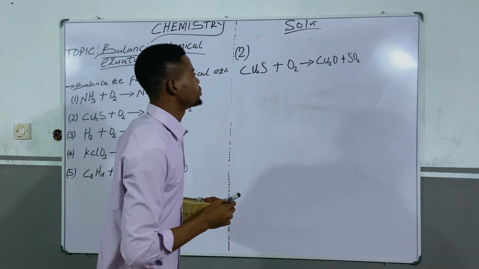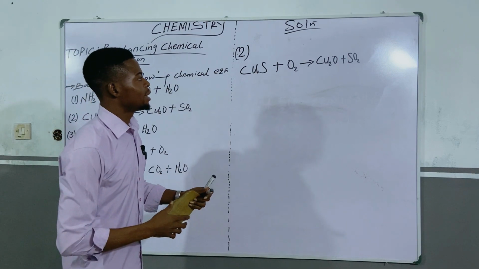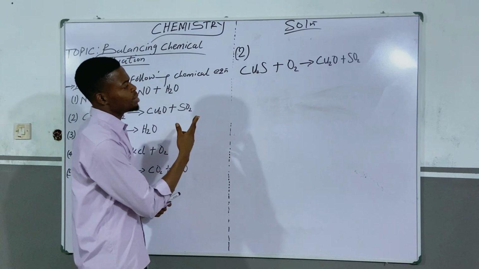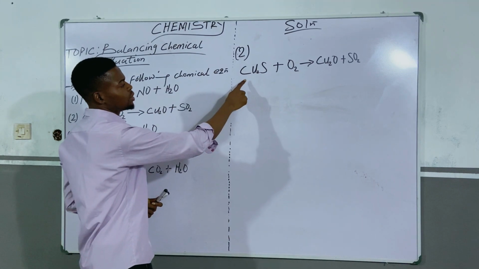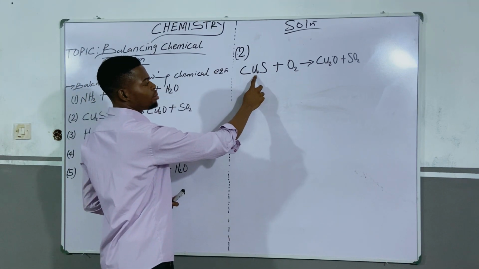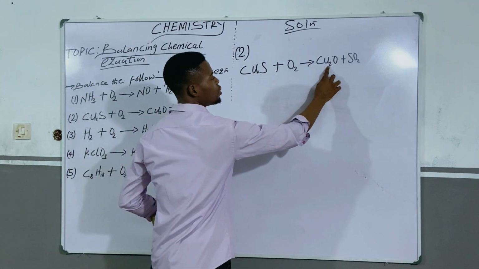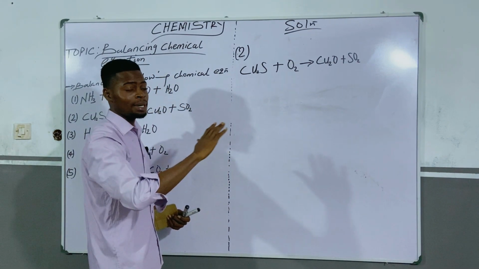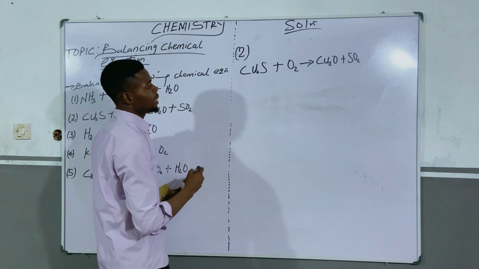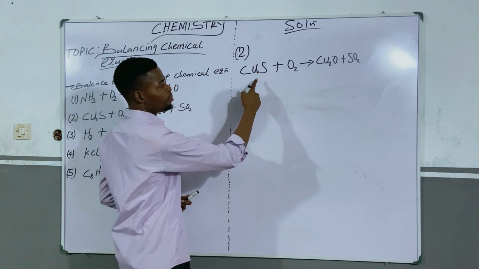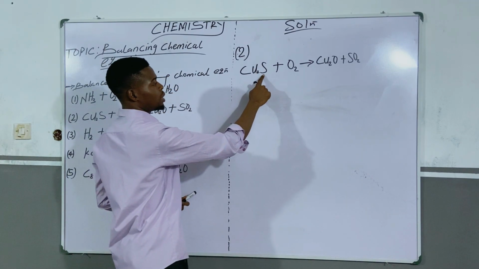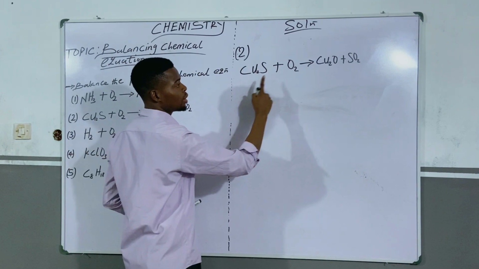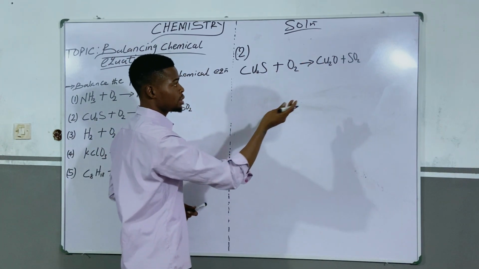So now let's go. We have metal here, that is copper. We have 2 atoms of copper here, and we have 2 atoms of copper here. So that means copper is balanced. Then we have non-metal, that is sulfur. We have only 1 sulfur here, and we have only 1 on the opposite side.